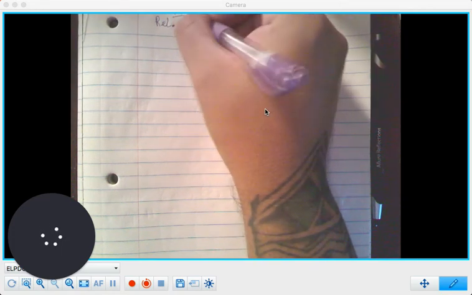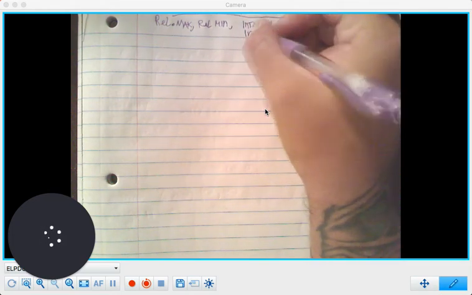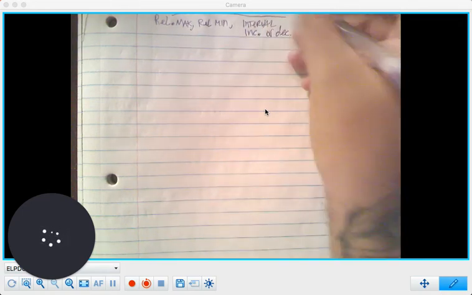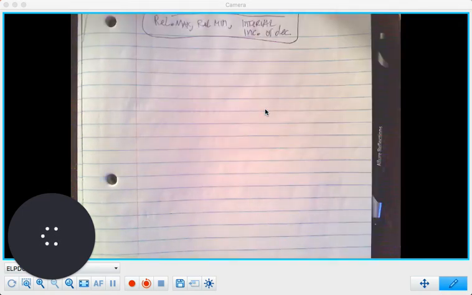This means we're going to be finding a relative max, a relative min, and then we're going to find intervals where the function is increasing or decreasing, or both. This is what we're doing today.